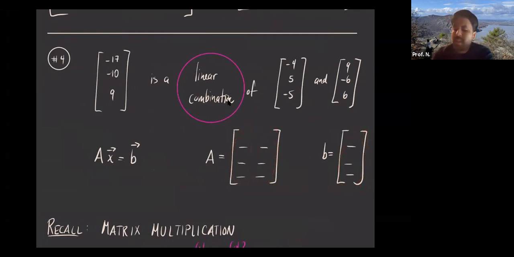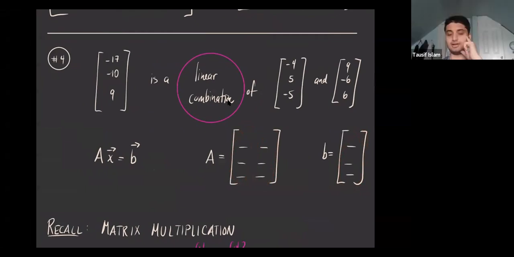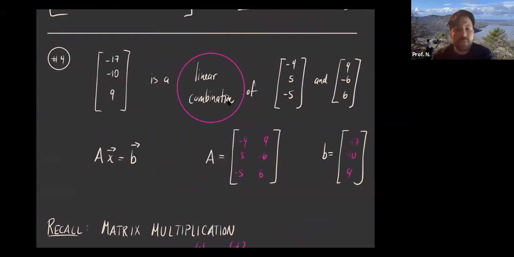I think I went way more in depth than I needed to for this problem. I think the A matrix would just be, the first column would be -4, 5, -5, and the second column would be 9, -6, 6, and then B would be -17, -10, and 9. That's how you do number 4.